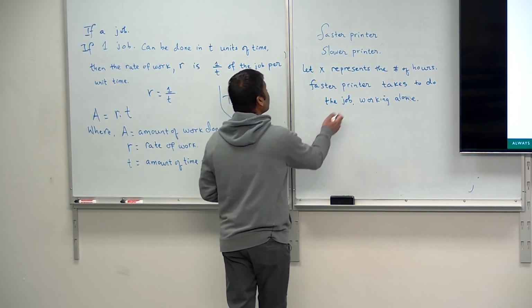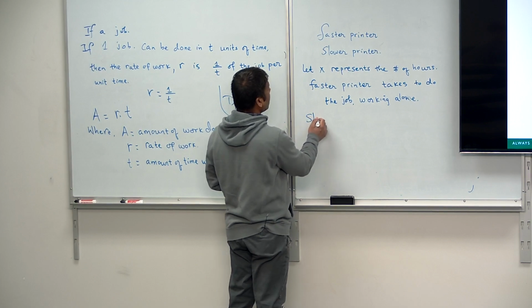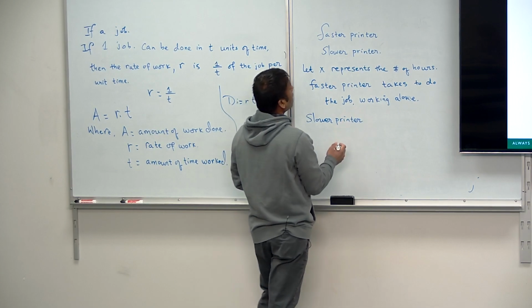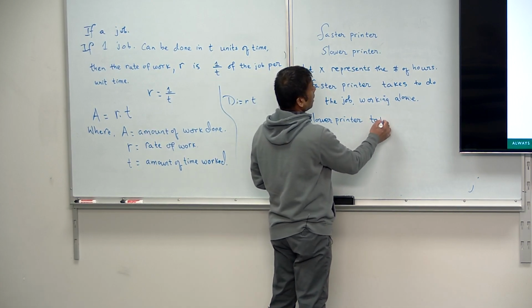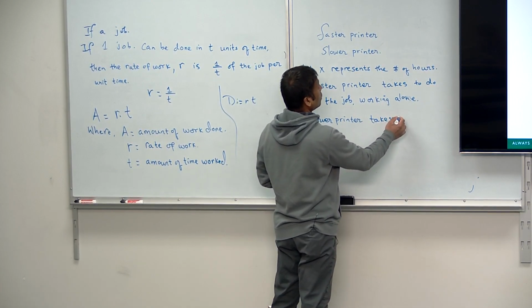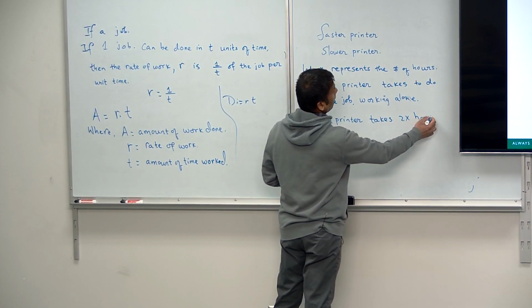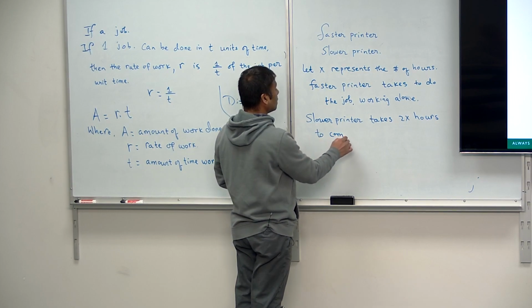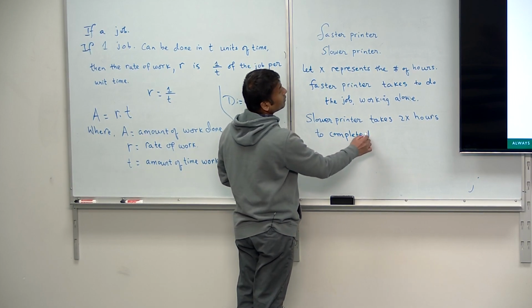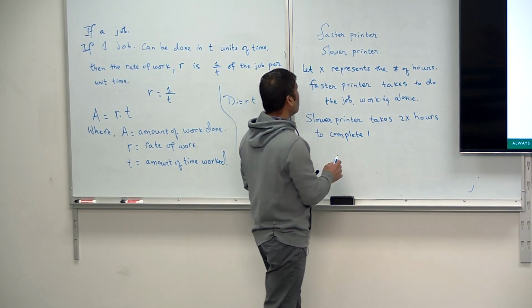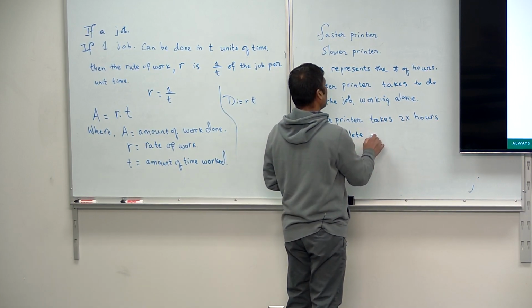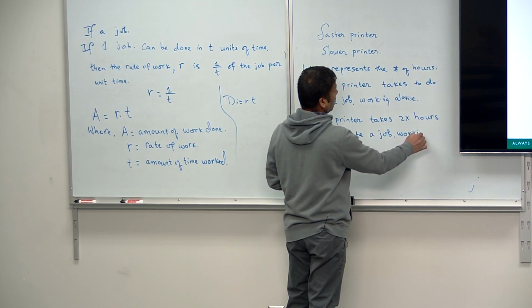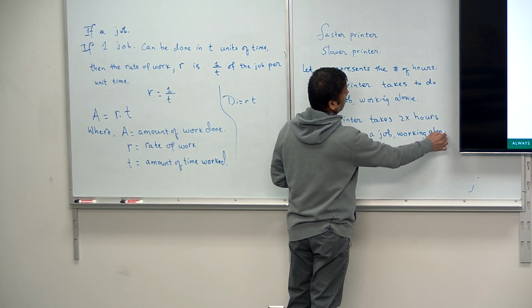So now, if that is the case, then you can say that the slower printer takes 2x hours to complete the job working alone.